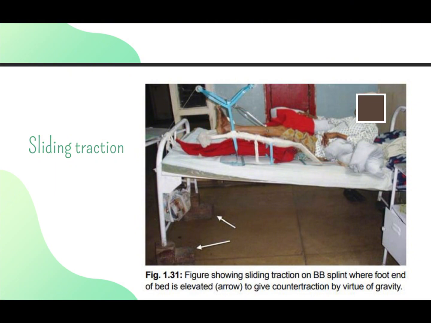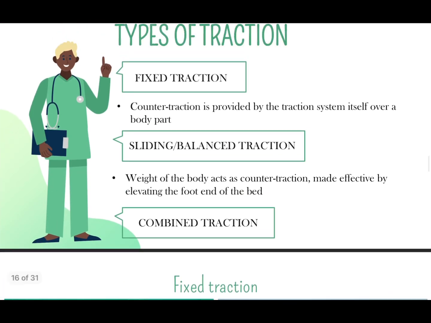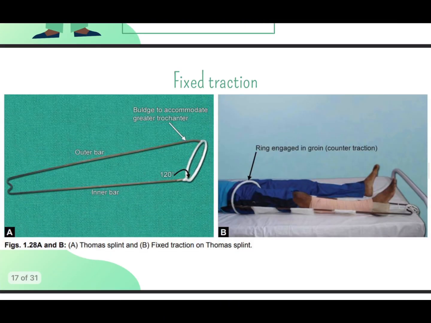The traction system is applied to the Bohler-Braun splint, which has different pulley systems, as we can see. Another one is combined traction. Combined traction basically combines the fixed as well as sliding traction principles.